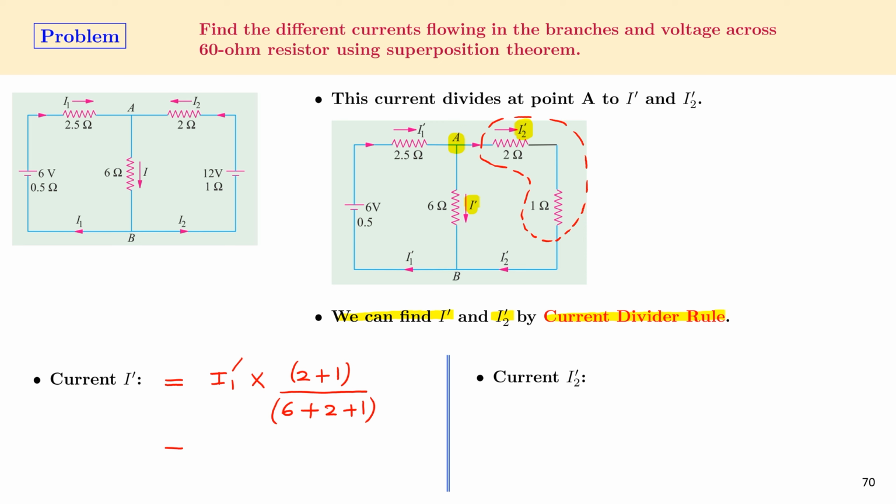We found the total current as 1.2 amperes. That multiplied by 3 divided by 9 gives us 0.4 amperes.